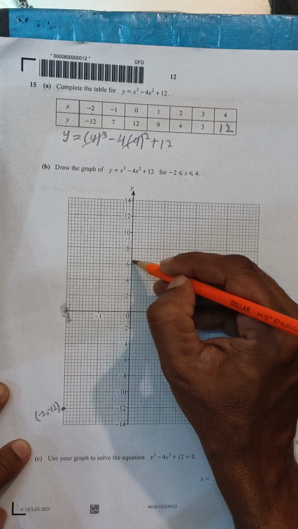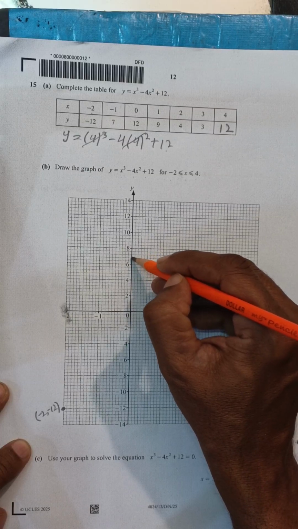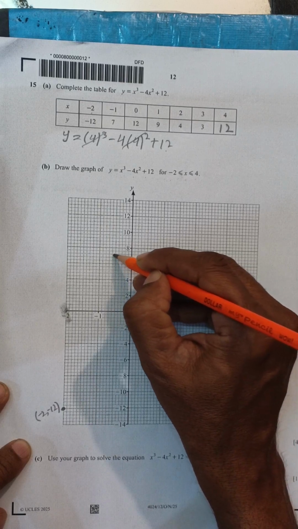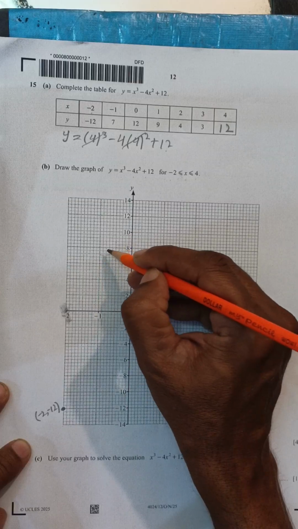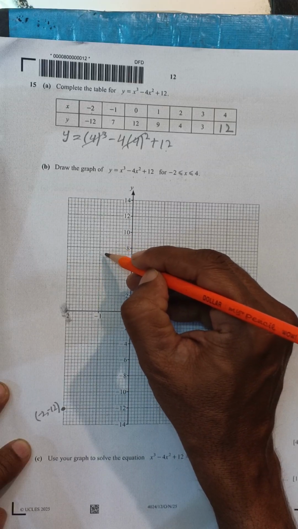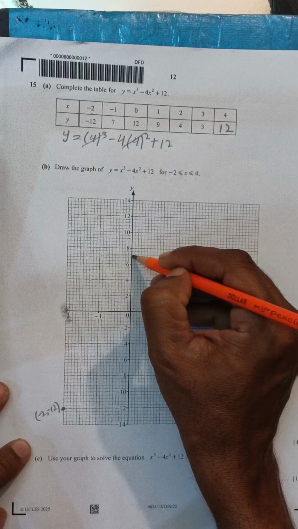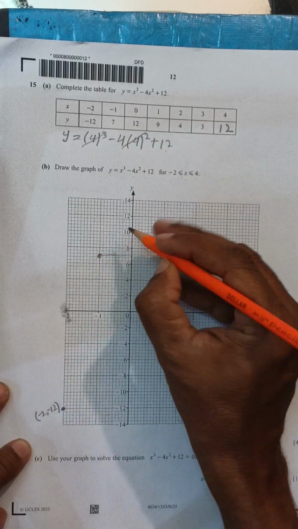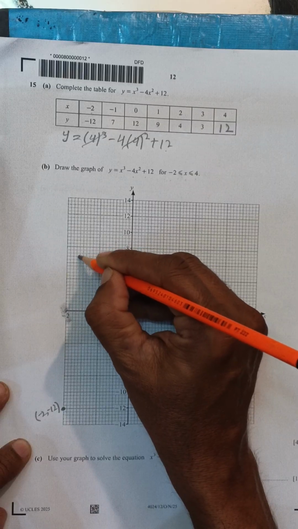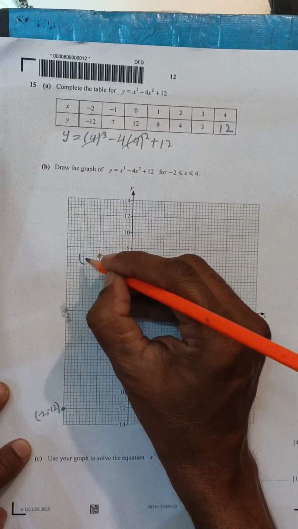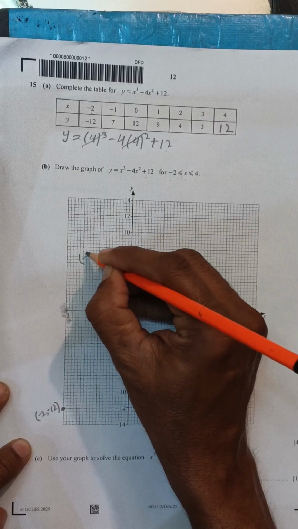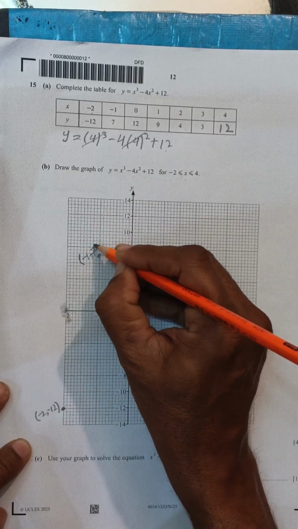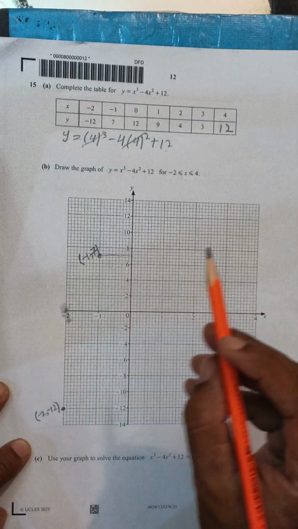So we move here in the middle of this line. So it is minus 1 and 7. Okay, minus 1 and 7.